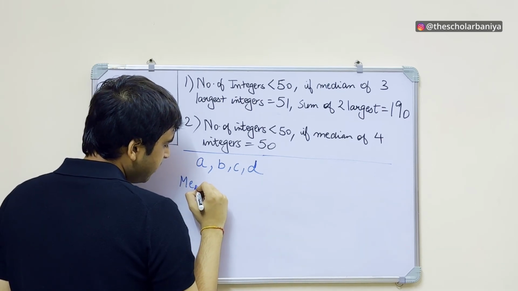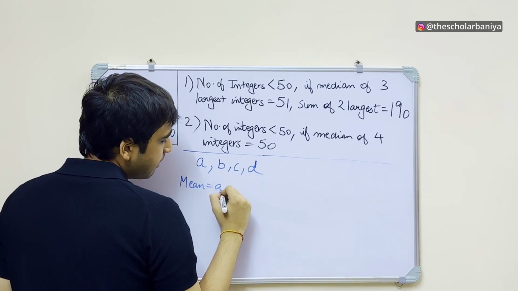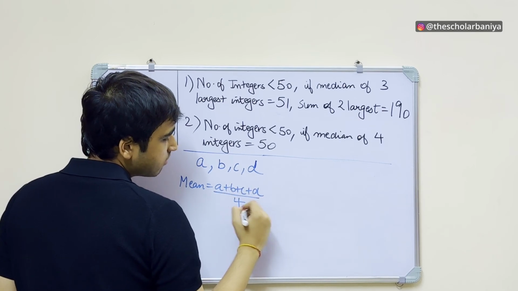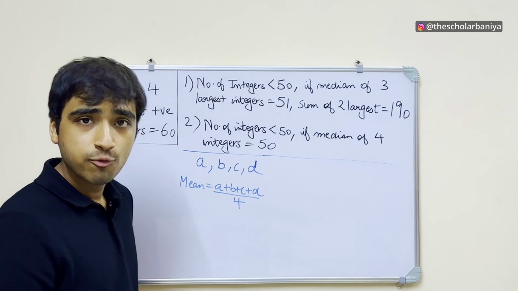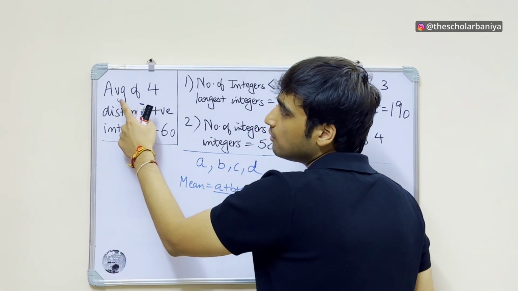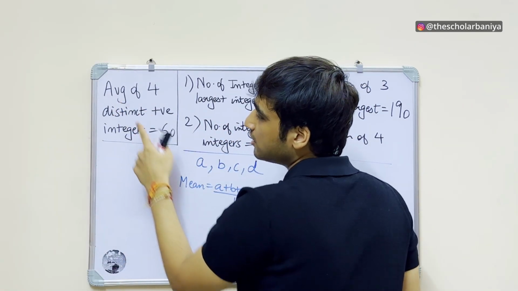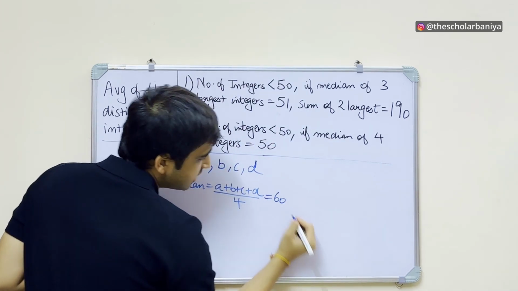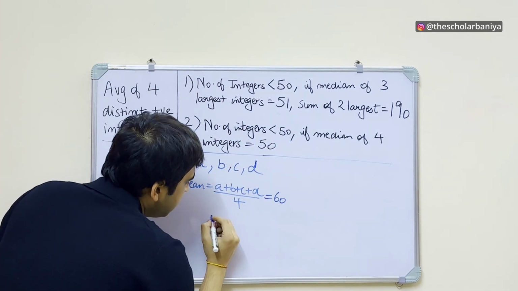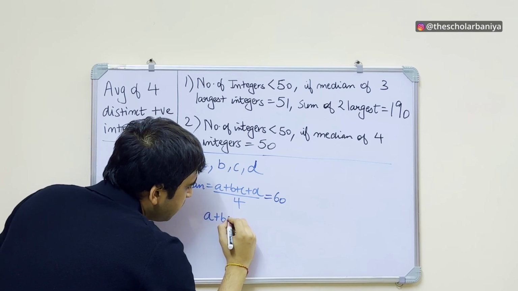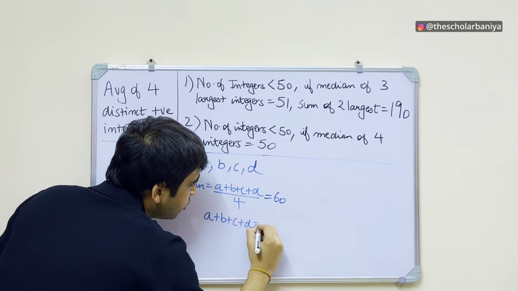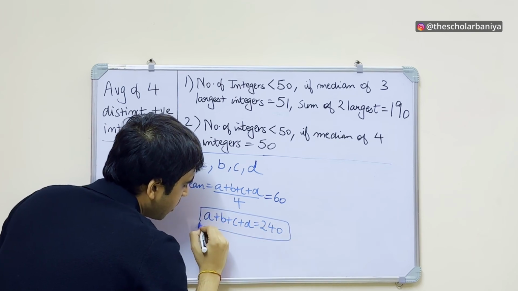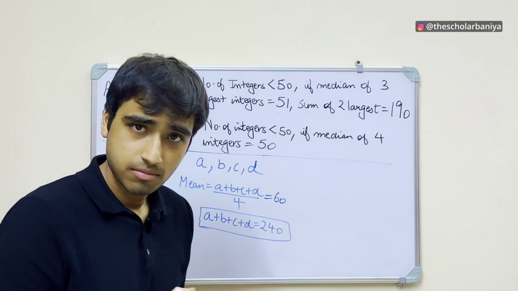The mean will be (a + b + c + d) / 4. The average is given to be 60, so this equals 60. That means a + b + c + d = 240. I hope this is absolutely clear.